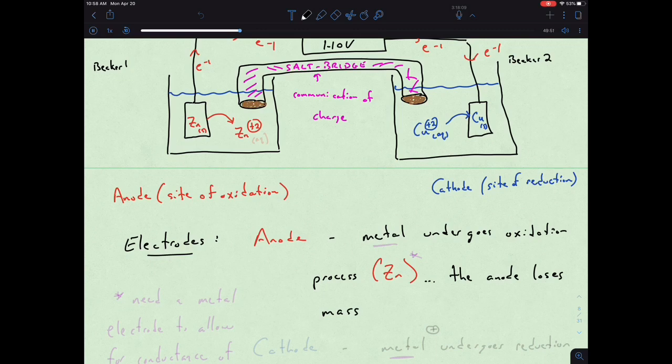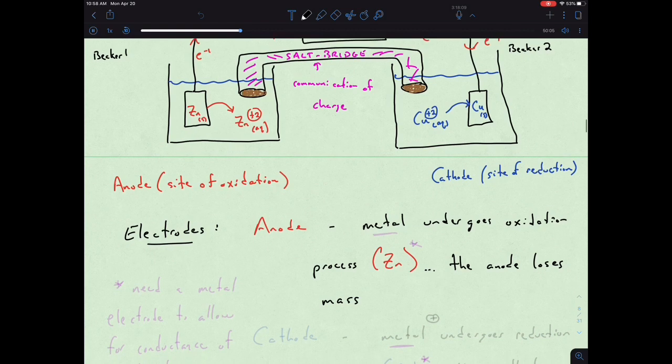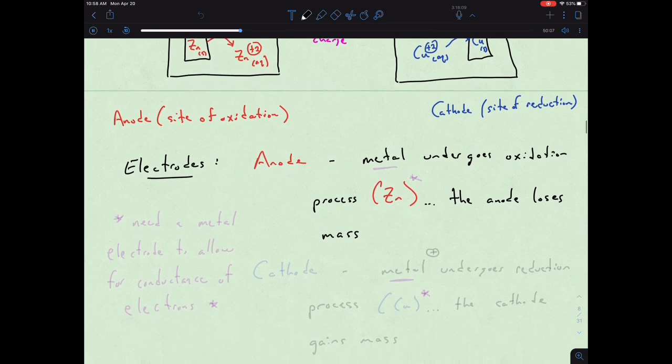So more of the zinc is turning into zinc plus 2. Zinc plus 2 is aqueous, right? It's in solution. So it's actually really kind of dissolving. So we have the anode electrode, which is that metal that's undergoing oxidation.